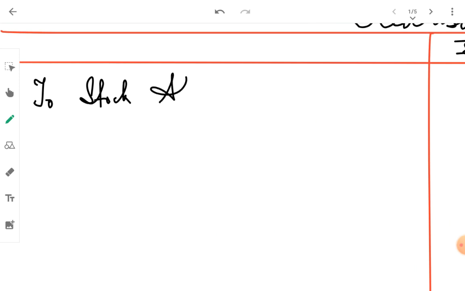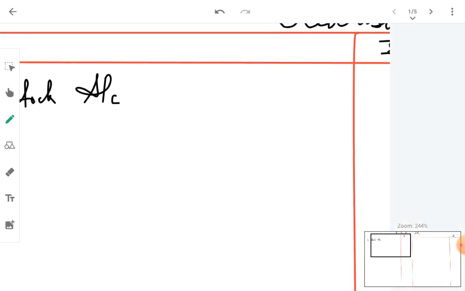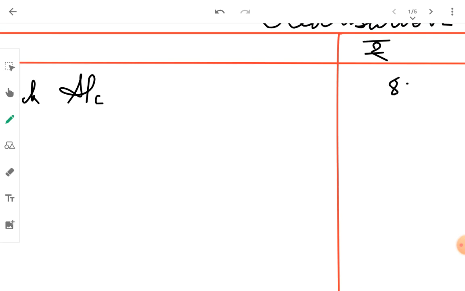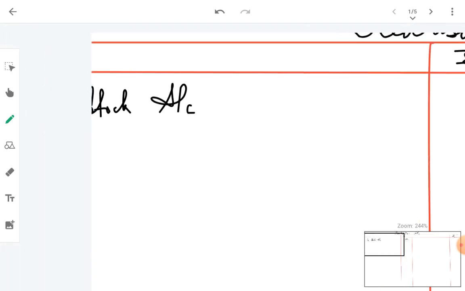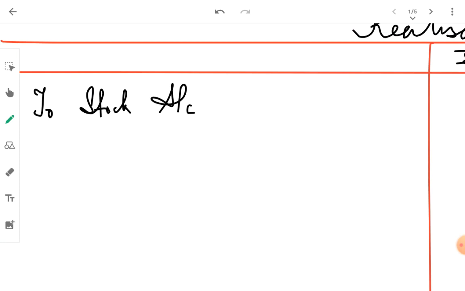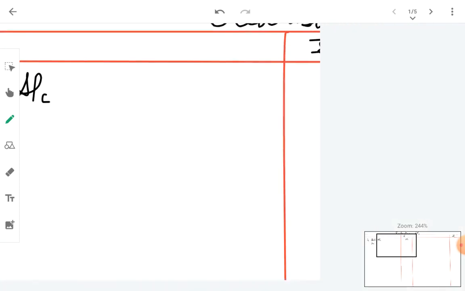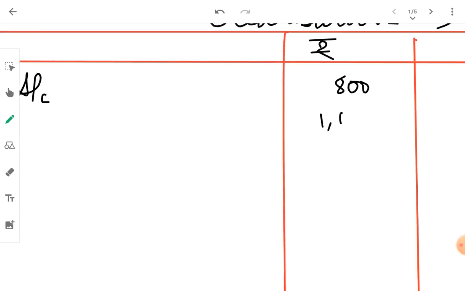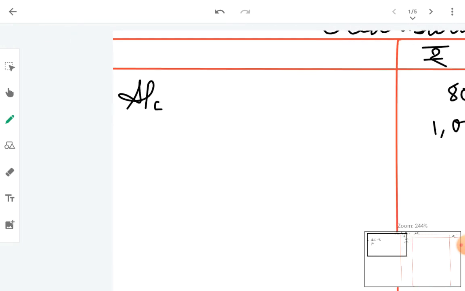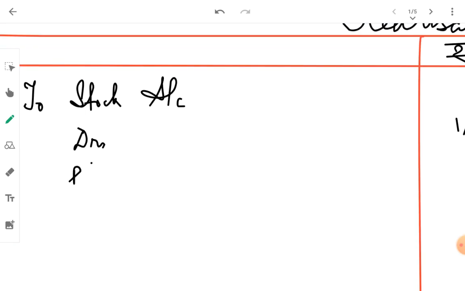To stock account, stock is rupees 800. Again, remember, we don't record cash in your realization account. It goes directly to the cash book or cash account. And then you also have debtors account. Debtors are rupees 1000. And we have plant and machinery account.